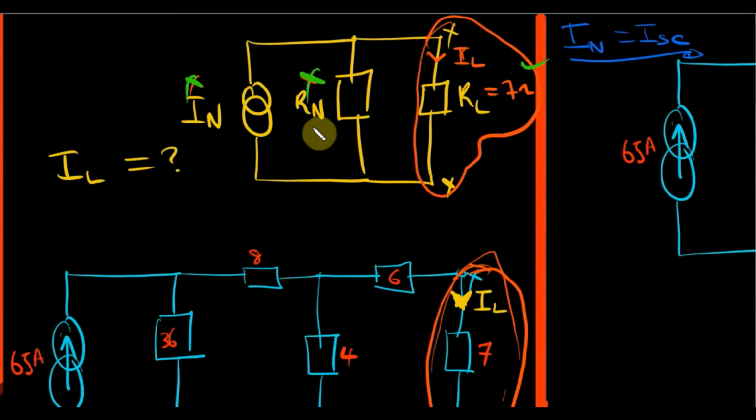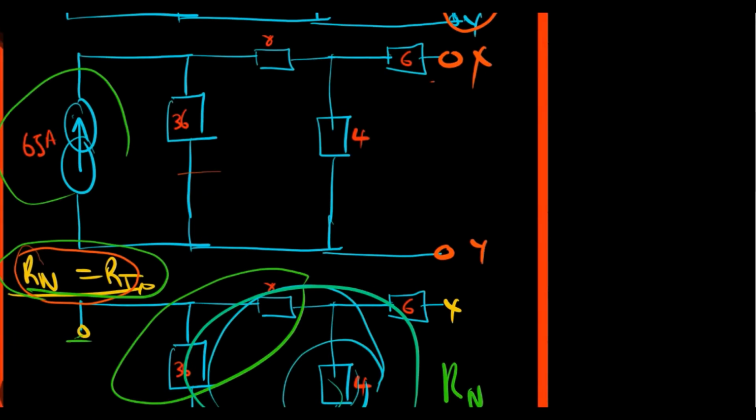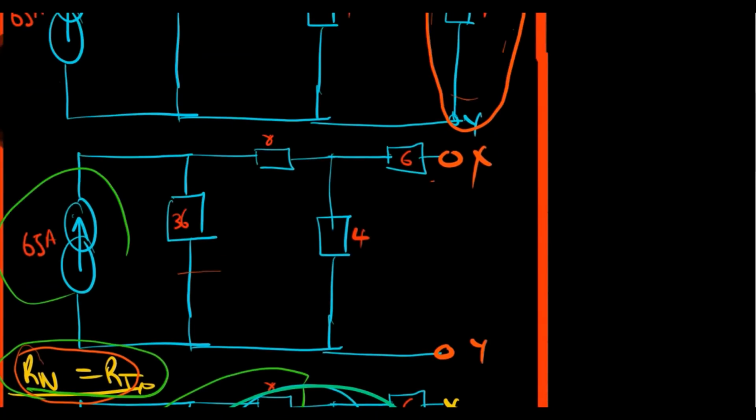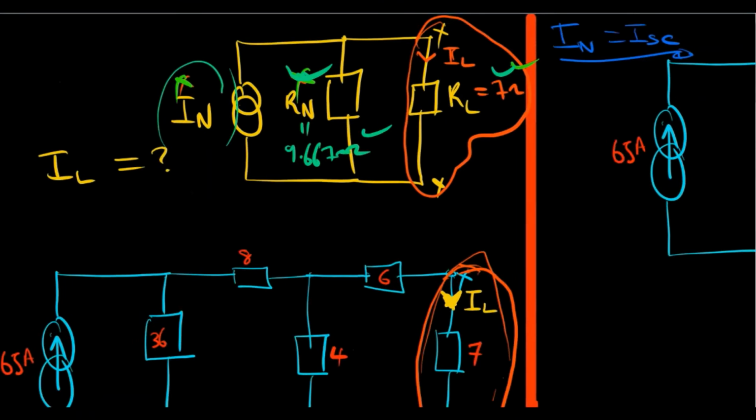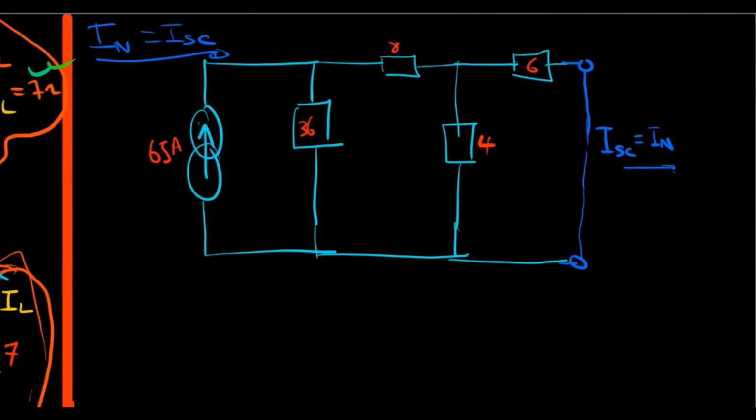So we have this now, 9.667 ohms. Now we're only left with I Norton. So let's find I Norton, shall we? To find I Norton, let's bring back all the sources.